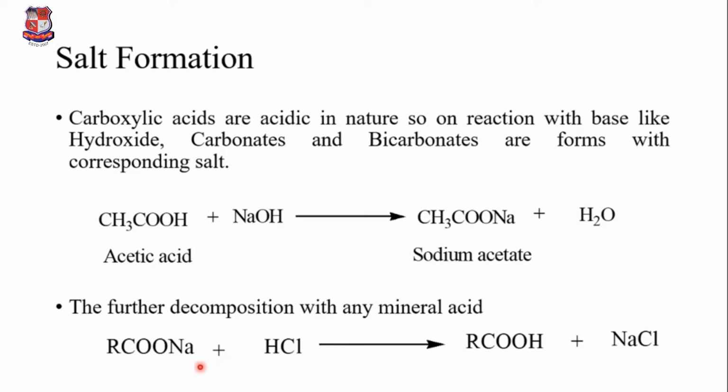So the carboxylate salt, sodium acetate, plus HCl, which is a mineral acid, react and make one carboxylic acid and NaCl. The sodium salt is removed, so Cl and Na combine and are removed. H is attached to the C double O group, so here we make the carboxylic acid and NaCl salt.